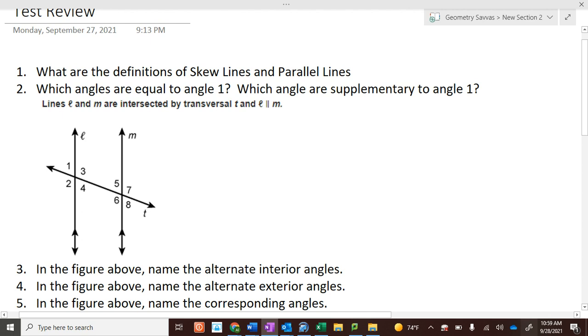Okay. What are the definitions of skew lines and parallel lines? What's the same about skew lines and parallel lines? Okay, both of them do not intersect. But what's the difference between skew lines and parallel lines?